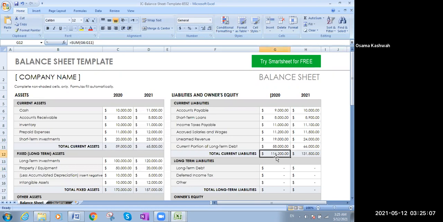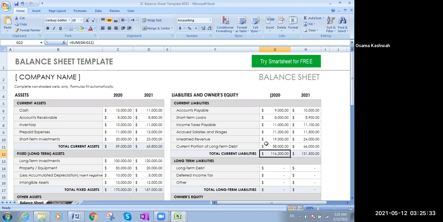Okay. You will find also that it calculated all of this with the same idea, the same function, which is the SUM function. And you can see here, if you want to make sure, look at where I am now. It's highlighted with this black frame. You can see here the function is saying SUM from G6 to G11.